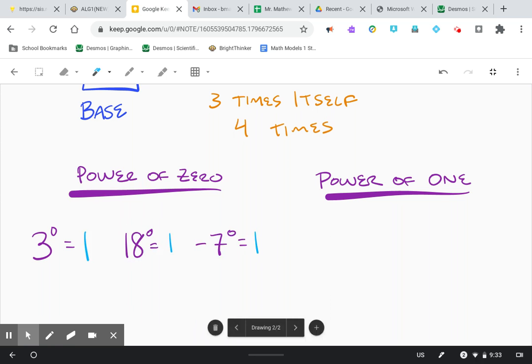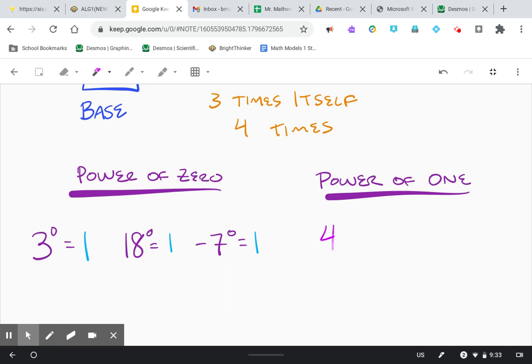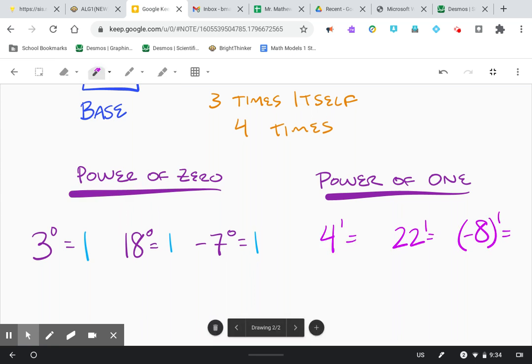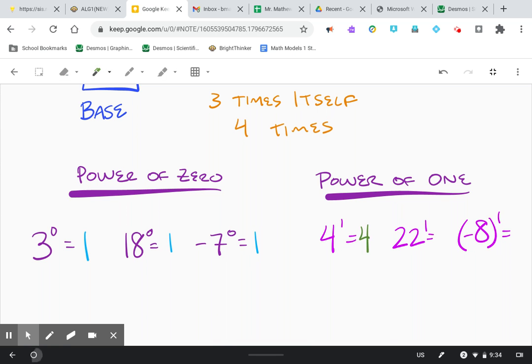The answer is always 1. Any number to the power of 1, on the other hand, a couple examples of those, is going to be that number.